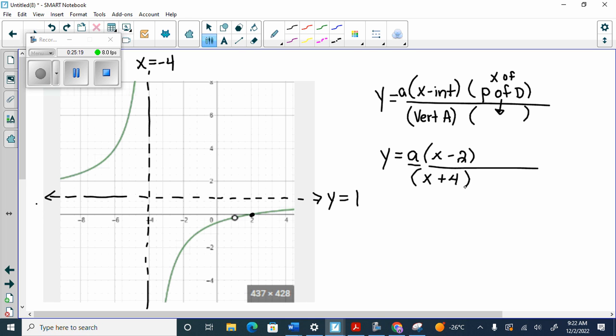My point of discontinuity, what's it at? This is -1. I love Google, but when it does things like this, we're going to say it's at 1 and -0.25. No, it's not, you're wrong. It's 1 and -0.25.